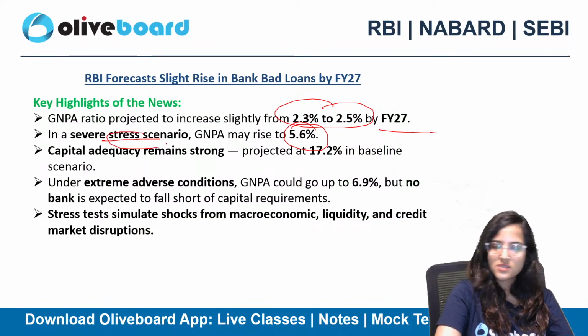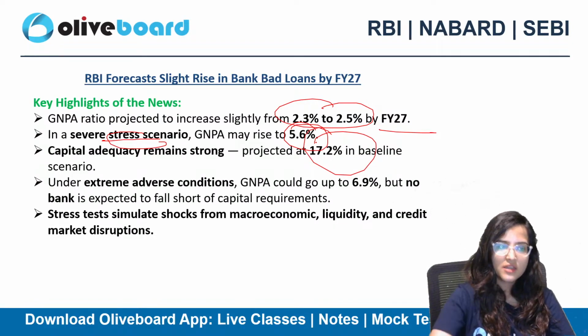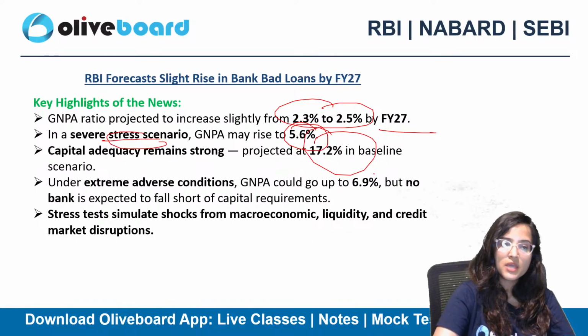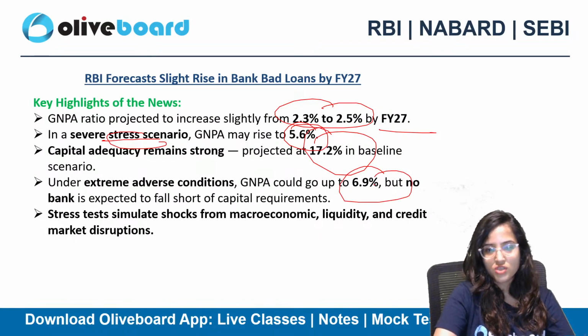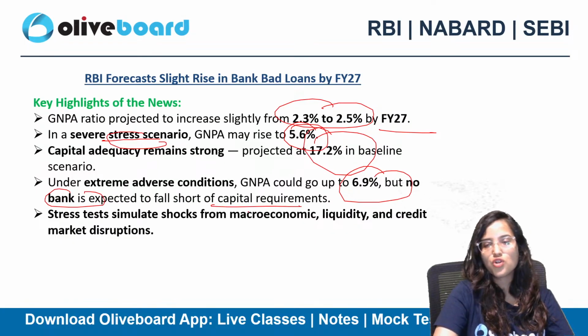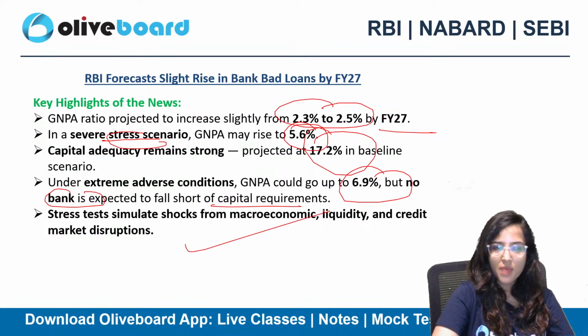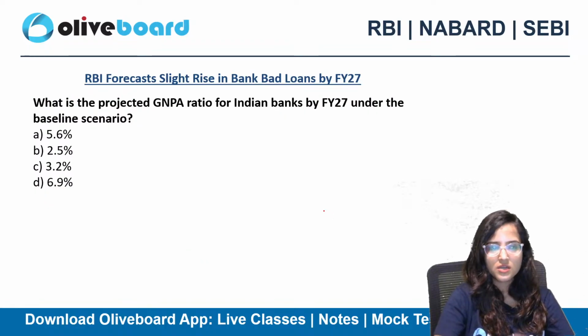Capital adequacy is strong, projected at 17.2%, which is good. Under extreme adverse conditions, GNPAs could go up to 6.9%. But no bank is expected to fall short of capital requirements, and these stress tests simulate shocks from macroeconomic, liquidity and credit market disruption.